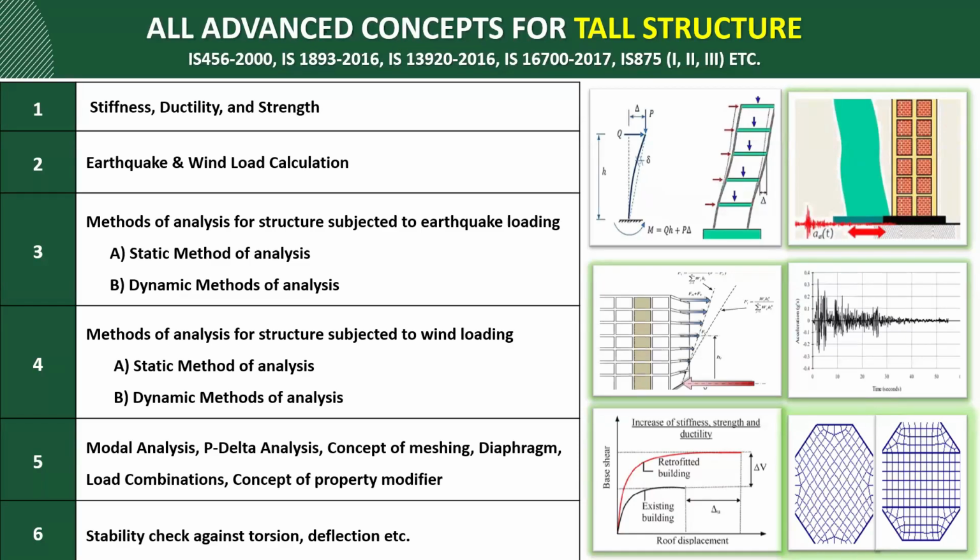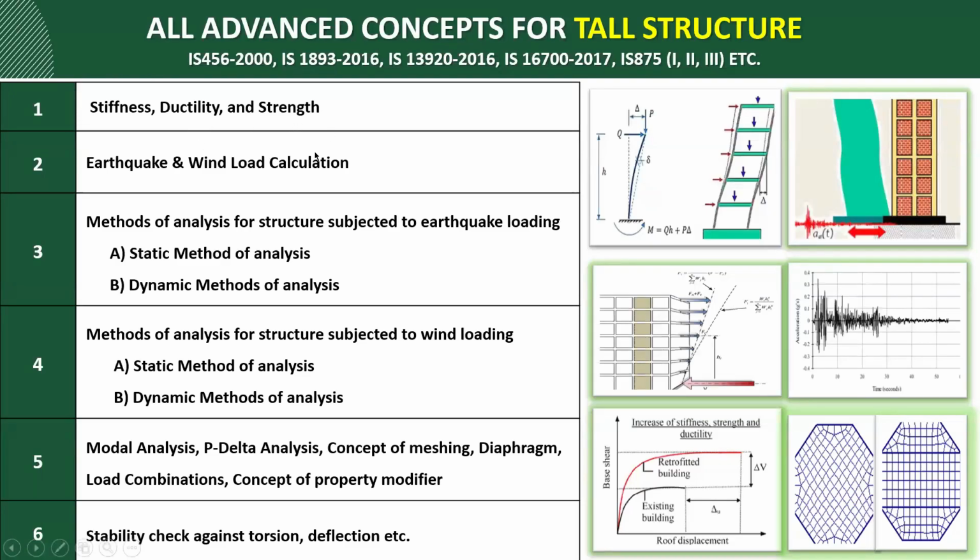Here we are going to talk about stiffness, ductility and strength. These are the major properties of the structure, so that you can ensure the stability of the structure. How to decide the column position, beam position, orientation and sizes for a high-rise structure, not a medium-rise or low-rise one. If you are going to design a high-rise building of 20, 30, 40, 50, 60, 70 floors, how do you decide the sizes and the positions and orientation of the beams and columns while ensuring stiffness, ductility and strength?